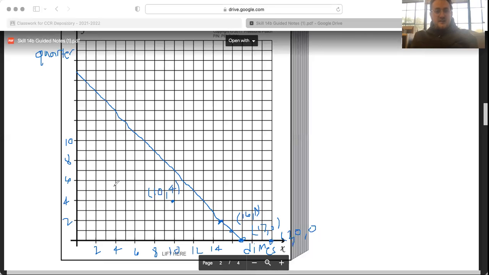And I'm going to connect my dots. If it asks us how many dimes and quarters there are, the solution is 15 comma 2. So 15 dimes and 2 quarters.